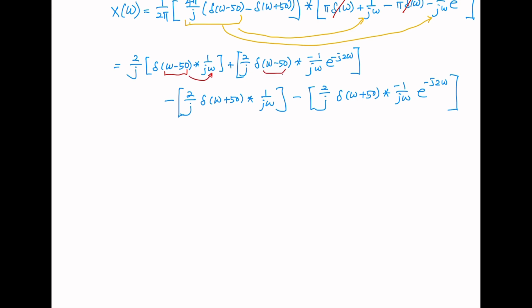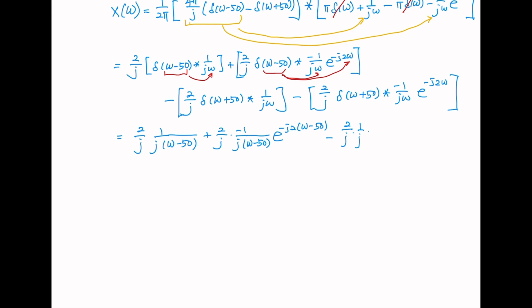So we have 2 over j times 1 over j omega minus 50, plus 2 over j times negative 1 over j omega minus 50 e to the negative j2 omega minus 50, and minus 2 over j times 1 over j omega plus 50, and then minus minus, plus 2 over j times 1 over j omega plus 50 e to the negative j2 omega plus 50.